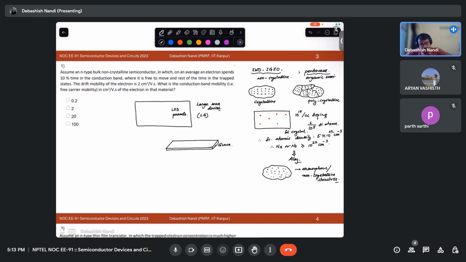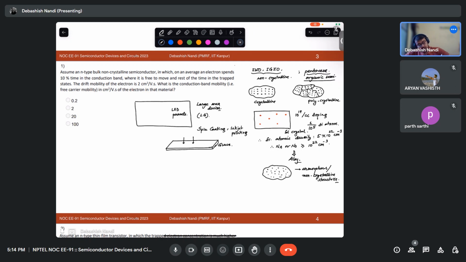And on top of that, they do processing, which I will not go into detail. Let's call it, they will do some spin coating or some inkjet printing of this kind of organic semiconductors or non-crystalline semiconductors, and they will create layers and patterns which will act as transistors.